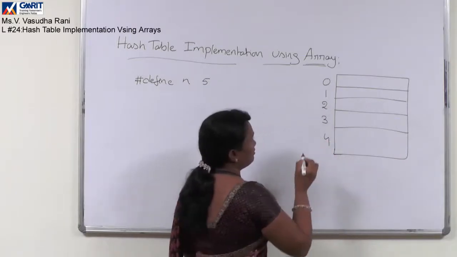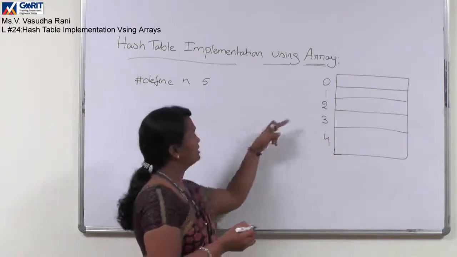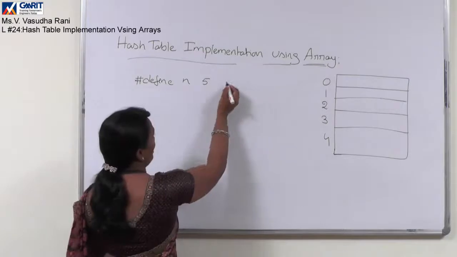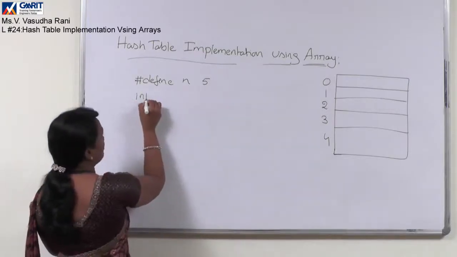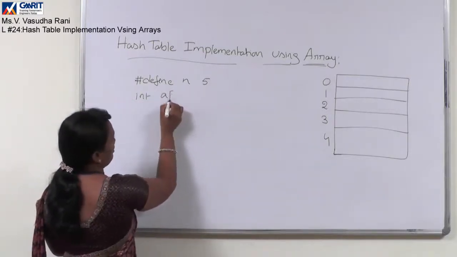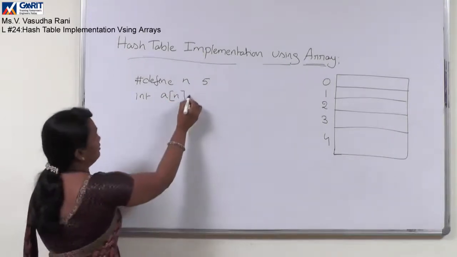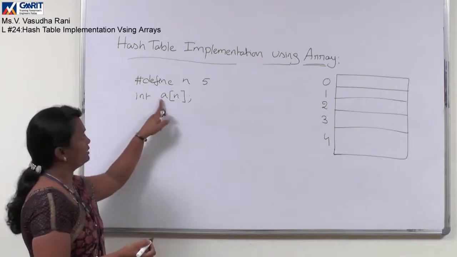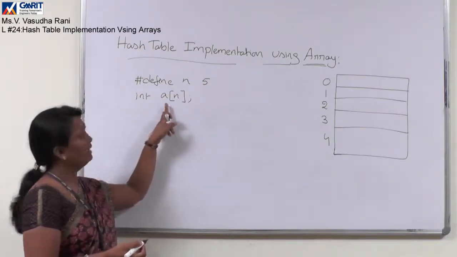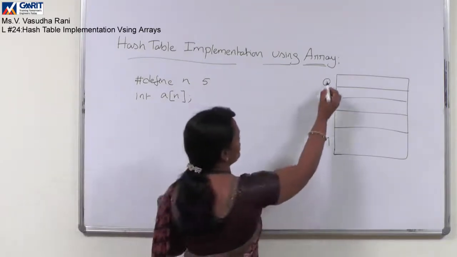So we'll get the predefined indexes 0 to 4. Let's declare the array a of n. If it is globally declared, it is array a of n.